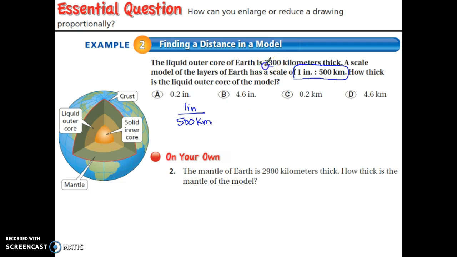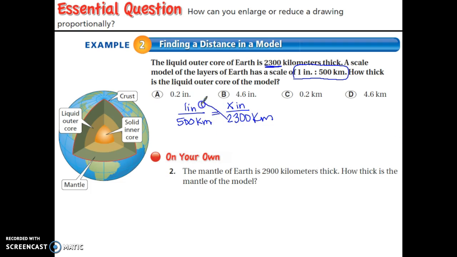We know that in real life, our liquid outer core is 2,300 kilometers, but we don't know in the model how big it is. So this is going to equal, I don't know the inches in the model, but I do know that it's 2,300 in real life.